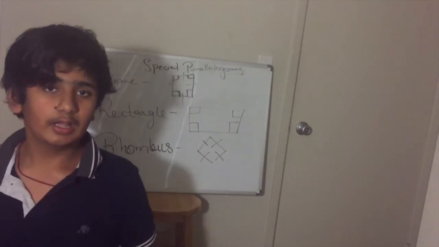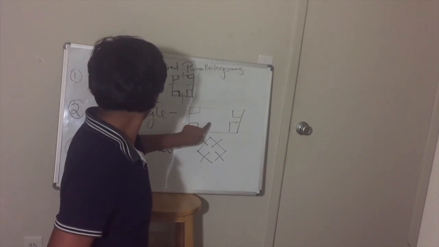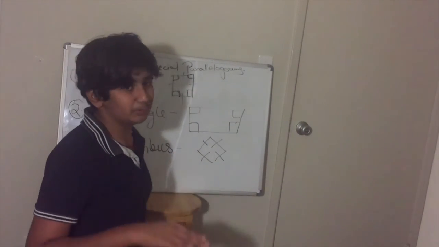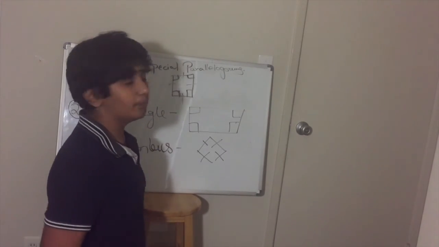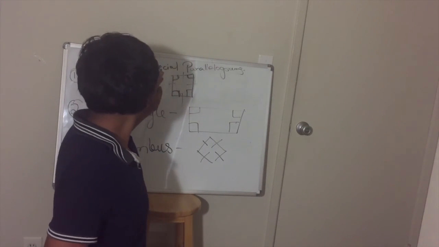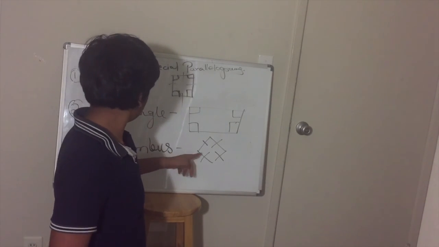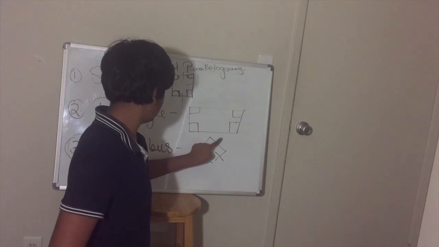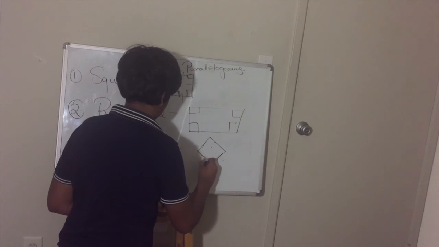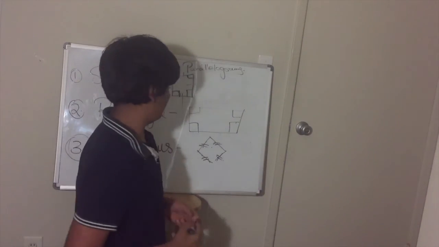From this you can see that the properties of a rectangle plus the properties of a rhombus equal the properties of a square. To remember it, just remember the properties of a square, and then you can divide them: the angles belong to the rectangle and the sides belong to the rhombus.